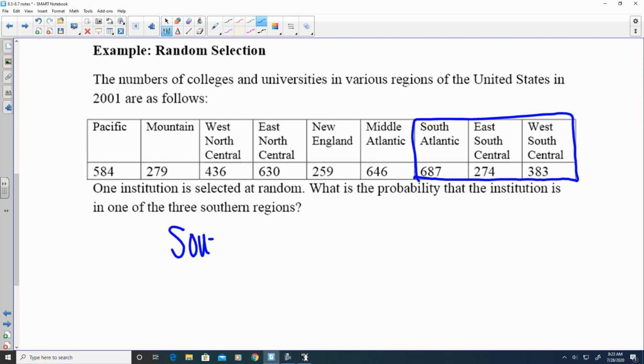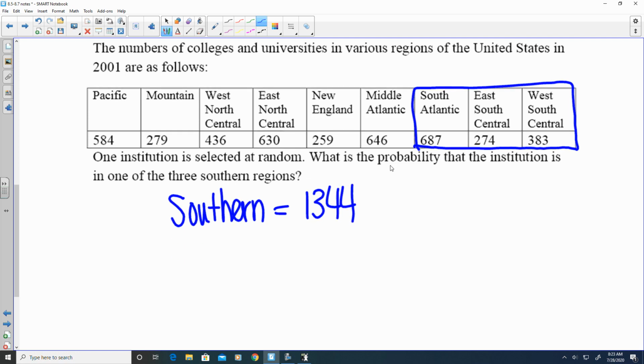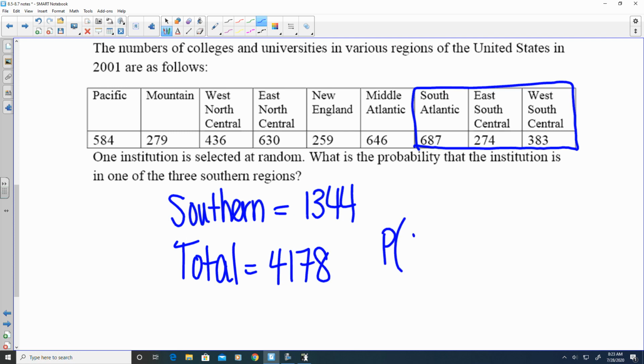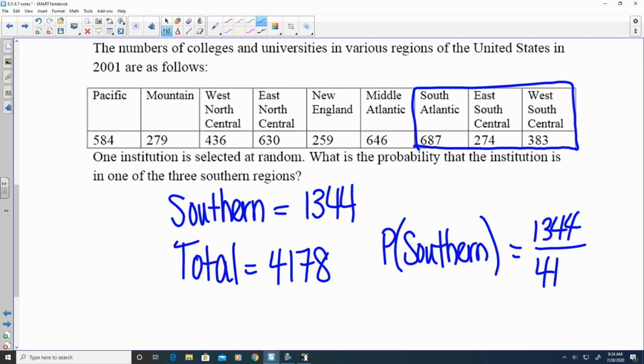If I add those 3 numbers up, I get 1,344, and then the total, if I add all of them up, which is going to be my entire sample space, is 4,178. So the probability of picking a southern institution is 1344 over 4178.